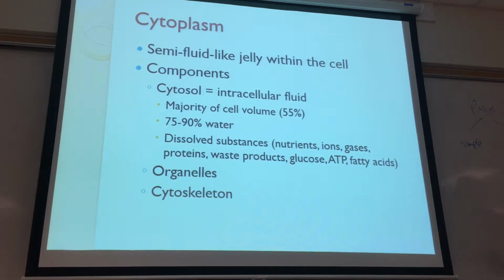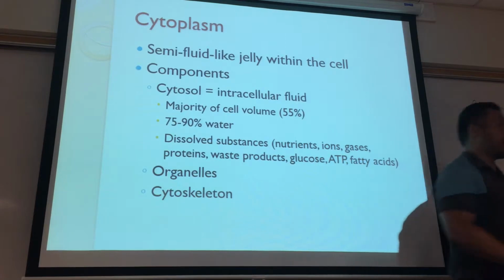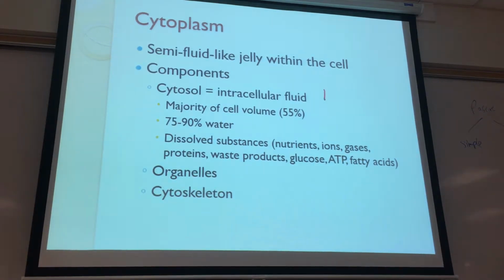So the cytoplasm is basically everything underneath the cell membrane. It's the fluid-like jelly within the cell. Take apart that phospholipid membrane, and you have the cytoplasm. And within the cytoplasm, you're going to get cytosol, which is the intracellular fluid, or ICF, of which a majority of it is going to be water, 75 to 90% water.